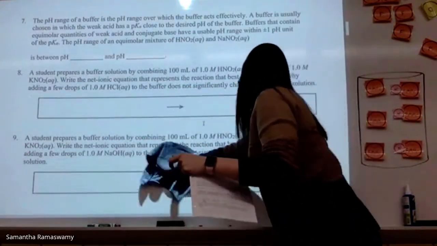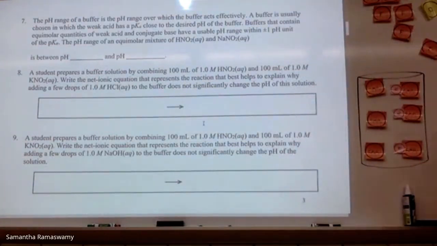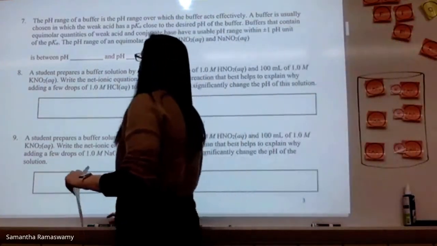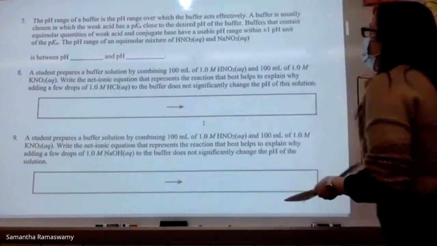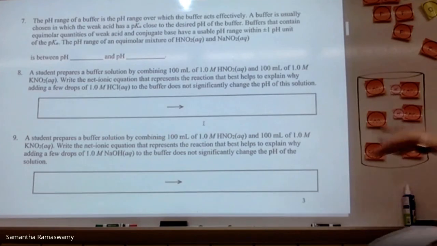And so the pH range, and we'll talk about this more when we get to indicators, but a pH range is based on the pKa. So a buffer is usually chosen when the pKa is close to the desired pH of the buffer. So that's why we look at the Ka and the pKa to figure out which would be the best buffer.